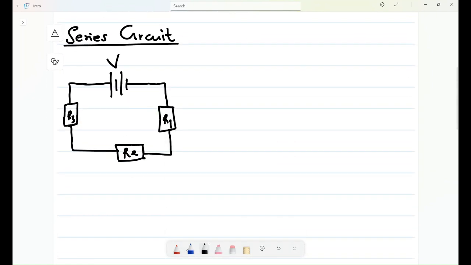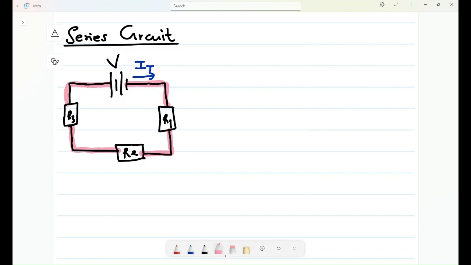Now, I want us to talk about something. Let's say now, here we have our current. Let's call it I total. I want you to follow the path so that you understand where these things come from, right? So here is our path for the current supplied by the voltage. Can you see that this current here is gonna pass across resistor R1, after passing across resistor R1, pass on resistor R2, also pass on resistor R3, and now do what?